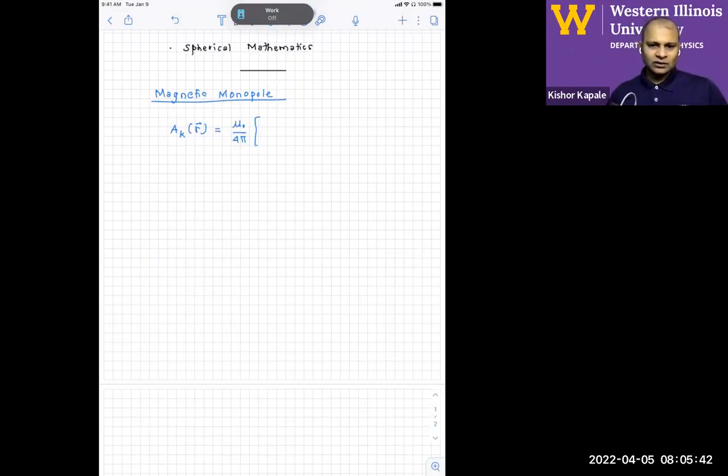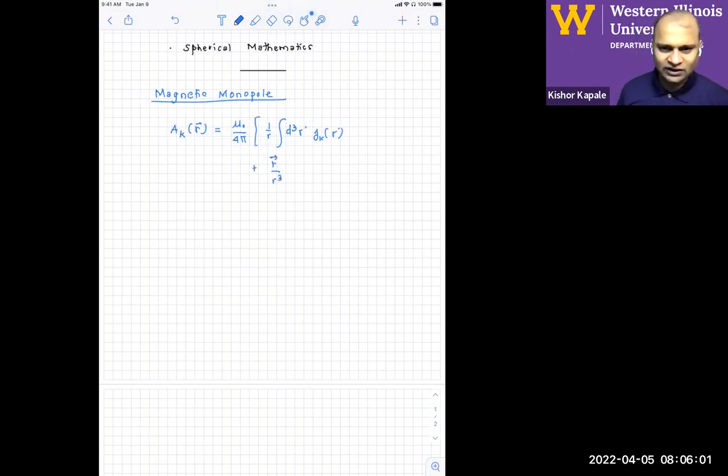So what we want to do is expand this in the different terms. So 1 over r is the first term, ∫d³r′ jk(r′). Then the second term was vector r over r cubed. So it's essentially a 1 over r squared type term with the direction in the r hat unit vector.